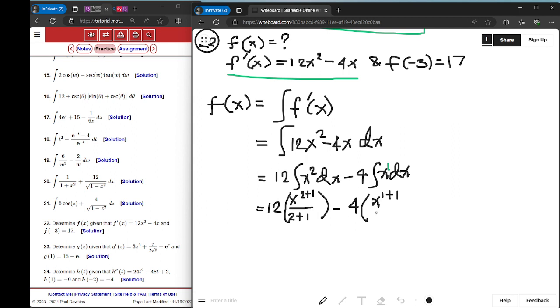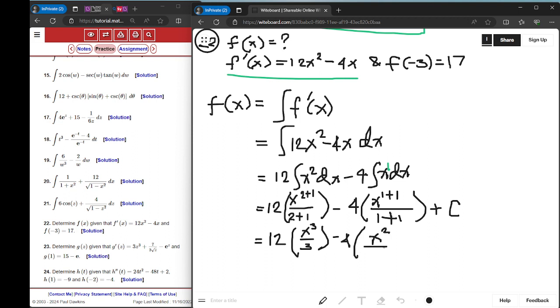But the convention says it's okay to not place 1 because any value which doesn't have an exponent shown has a power of 1. So that's 1 plus 1, and let's not forget c. And next, 12 times x cubed over 3, since 2 plus 1 is 3, minus 4 times x squared over 2, since 1 plus 1 is 2, plus c.